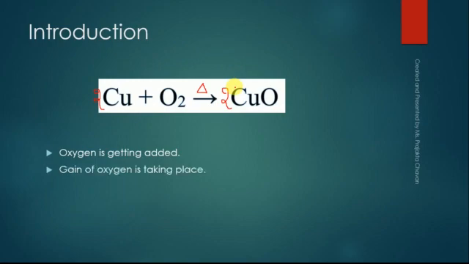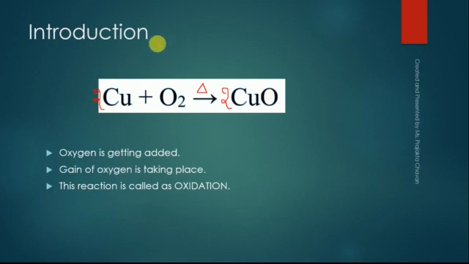Or in other words, we can say that for copper, gain of oxygen is taking place to form copper oxide. So such a reaction in which addition or gain of oxygen is taking place is called oxidation.